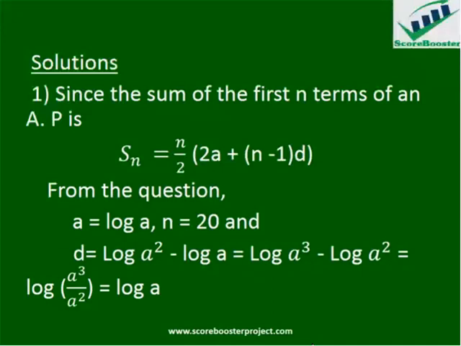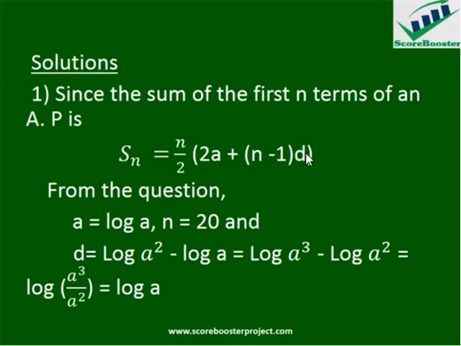In the first question, we are given the first term a. We are given the number of terms, and we can obtain the common difference through the terms of the particular AP given. The sum of the first n terms of an arithmetic progression is given by S subscript n equals n over 2 multiplied by 2a plus n minus 1 multiplied by d.